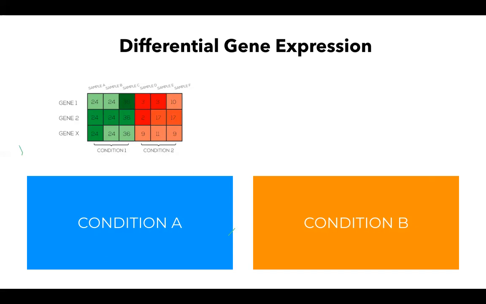The intensity is indicated by the color saturation. So if it's more green, it's high expression. If it's more red, it is very low expression. And that's the intensity gradient. From that you can understand the gene expression in two different conditions.